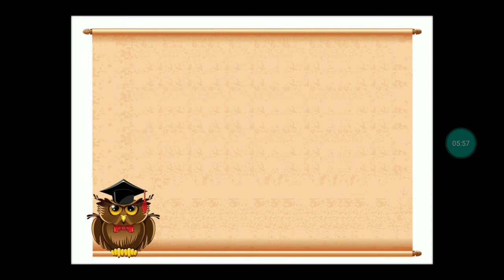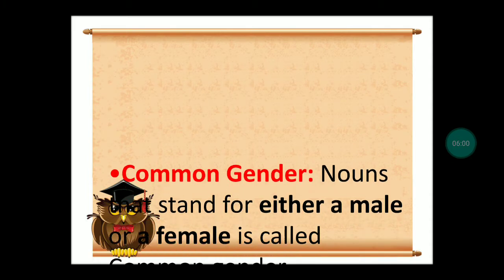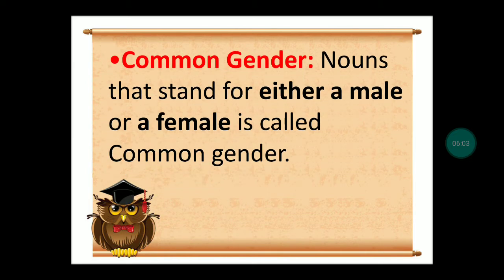Next. Now, third kind of gender is common gender. In this gender, both the male and the female come under this category, common gender. So, nouns that stand for either a male or a female is called common gender, which means this common gender is a combination of both male and female.